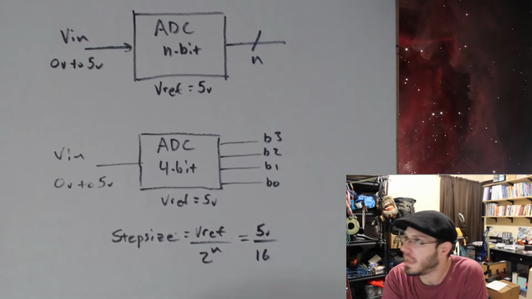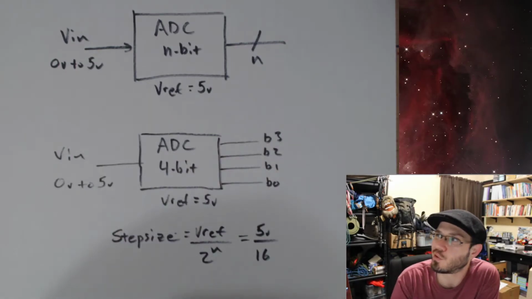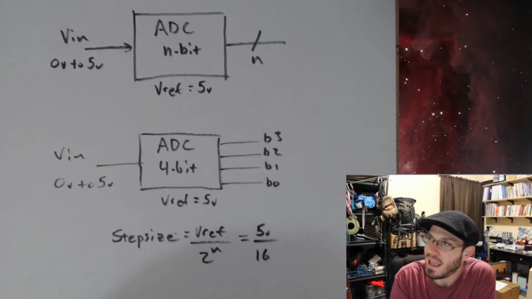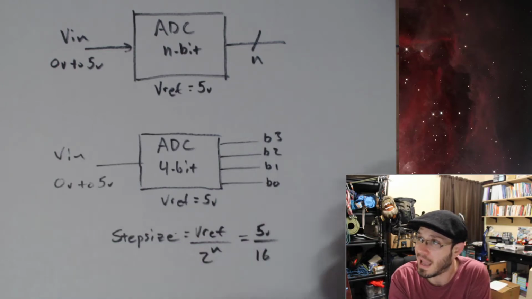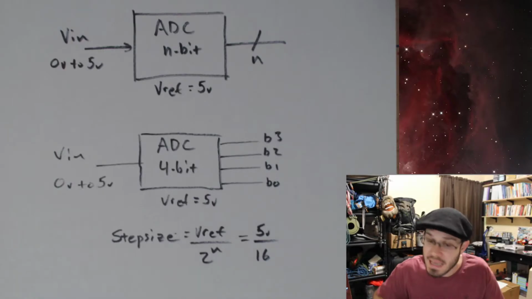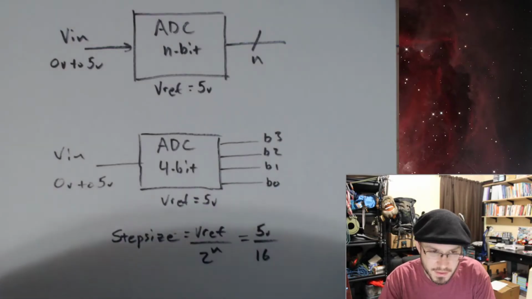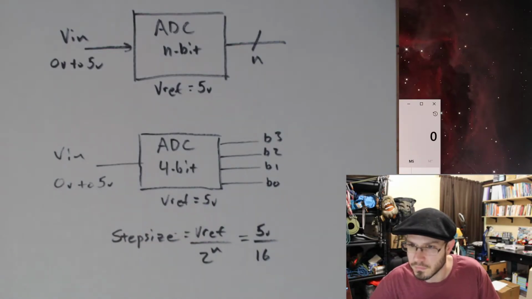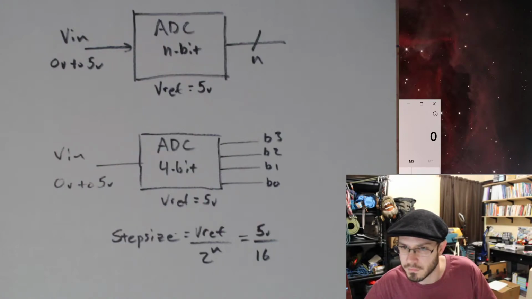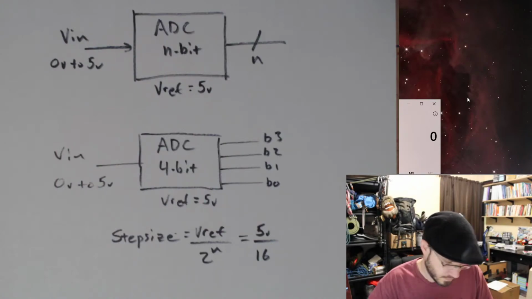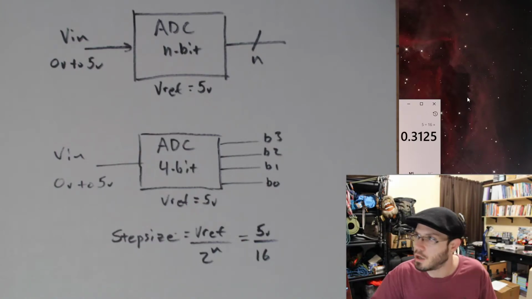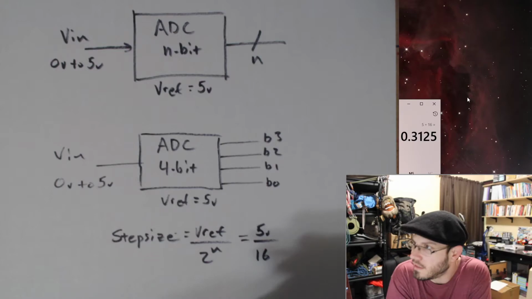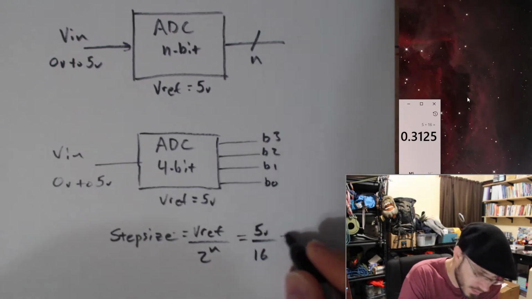Or in our case, for a 4-bit analog to digital converter, we can take our VREF 5 volts and divide it by 2 to the 4, or 16. And when we do that, you're going to get a step size of 0.3125.